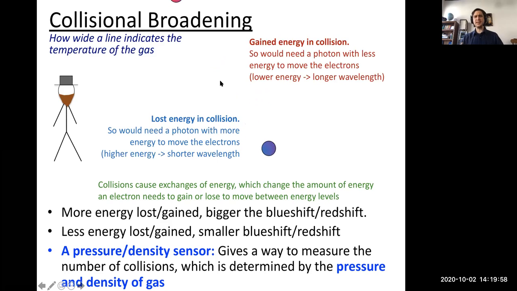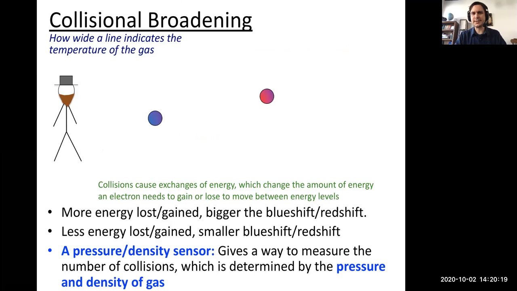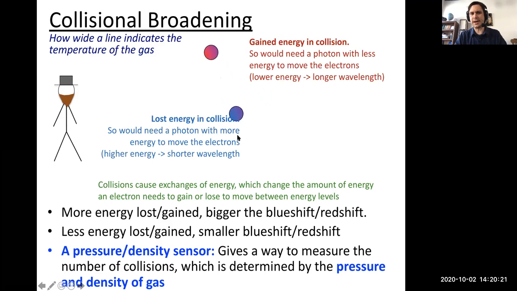And now let's see what that would really mean. This atom lost energy in the collision. So let's imagine a photon comes along right at the same time. And yes, we're talking about lots and lots of photons in a room and lots and lots of collisions because there's lots and lots of particles. So let's imagine a photon interacts with these atoms just as they collide. This one lost some energy.